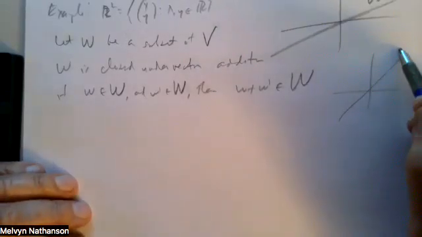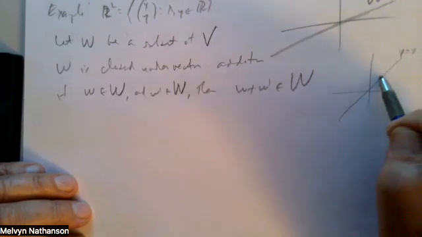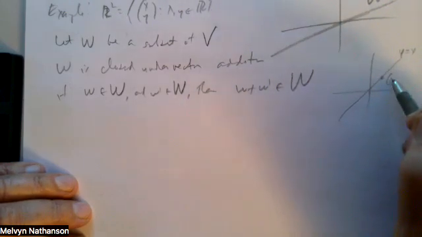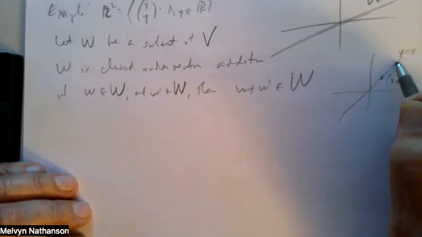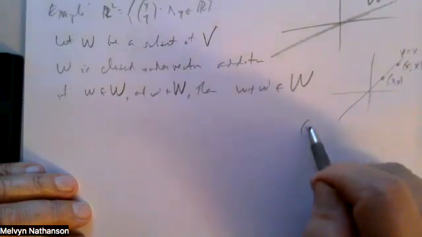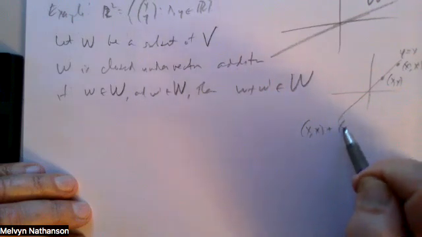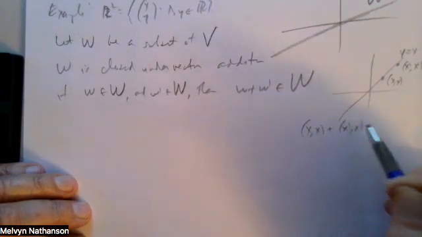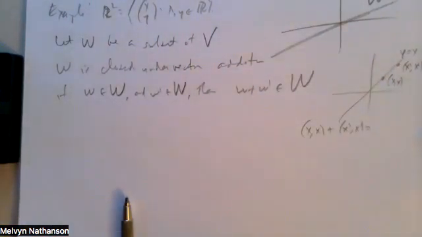Suppose I take the line y equals x. So if I take one point, let's say (x, x), and another point (x', x'), and I add them, this is columns, excuse me.